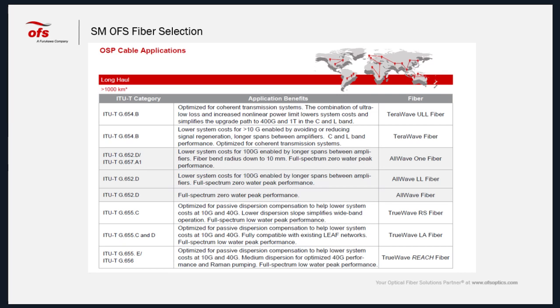Here, for example, it's for long haul network, for networks that exceed 1000 kilometers. So we have different kinds of fibers, G.654.B, G.652.D, and G.655.C, depending on the application. So depending on the application, you need to select the right fiber for the right application.